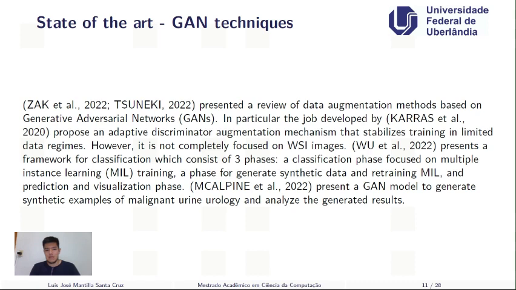However, the most interesting point that McAlpin mentioned in his paper is that using GANs we can generate many samples consistent with the dataset. However, the samples might not be probable in real life. So it's a really interesting point, because we can generate some samples that could be improbable.